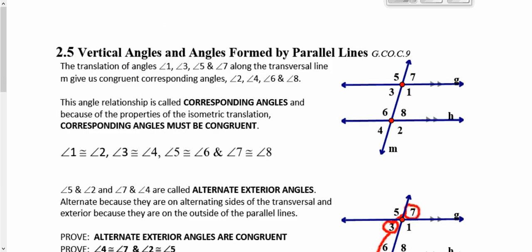The most obvious angle pair, remember one of our pairs were corresponding, which makes sense if you think of it as a translation, right? Corresponding angles, okay? So if we have parallel lines, so this always if the lines are parallel, right? Let's think about translating this down here, right? Translation, okay? All corresponding angles will be what?